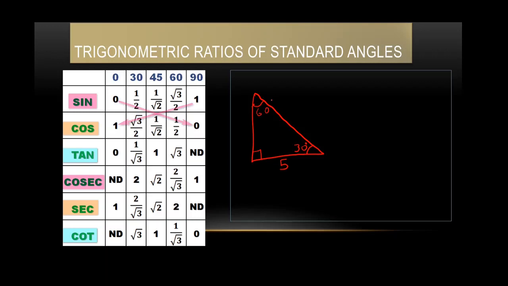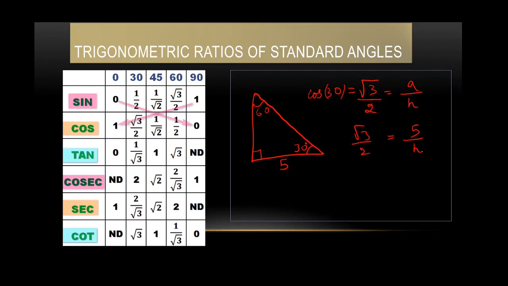Now let us find the hypotenuse. As you know, cos of 30 is root 3 by 2. And cos of 30 is equal to adjacent by hypotenuse. So root 3 by 2 is equal to adjacent by hypotenuse. In this case, the adjacent is 5, so root 3 by 2 is equal to 5 by hypotenuse.